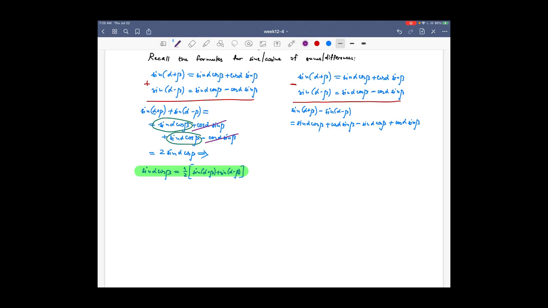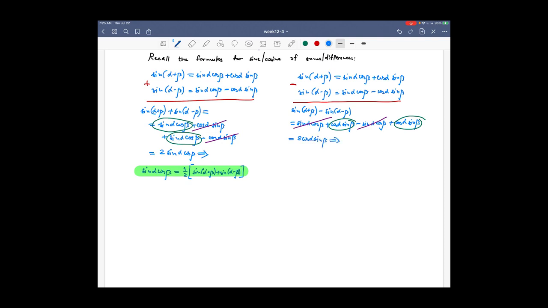This time we also have two terms that cancel out, sine alpha cosine beta, and the other two terms are identical. So we simply get 2 cosine alpha sine beta.